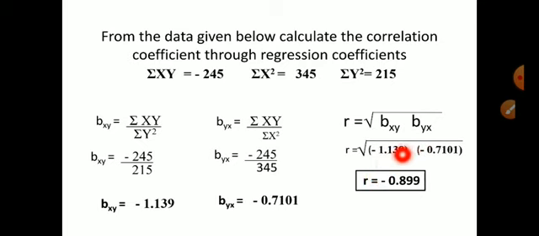You have to multiply and then take the square root. Then you'll get the R value as minus 0.899. You can also write the comment as high degree of negative correlation existing in this problem. That is how you'll calculate the correlation coefficient using the regression coefficients.